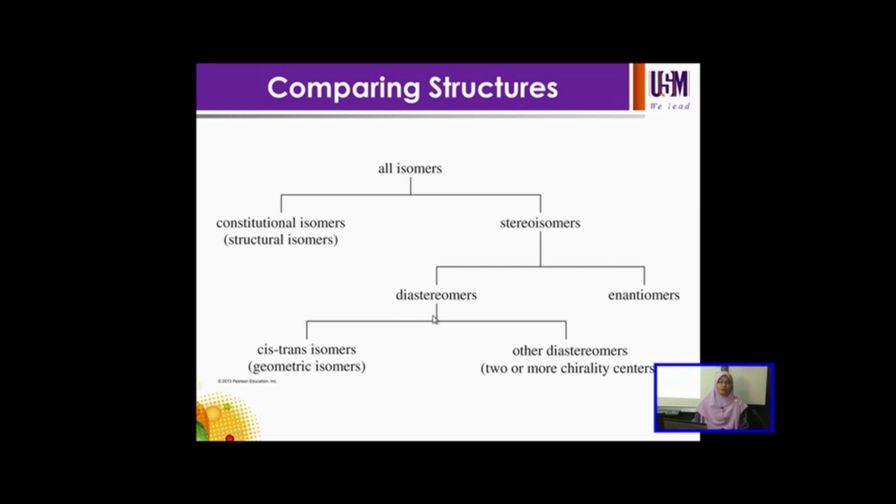And then diastereomers we can divide into 2: the cis-trans isomers, also known as geometric isomers, and other diastereomers. Usually this involves 2 or more chirality centers. So this we will look at in the following videos.